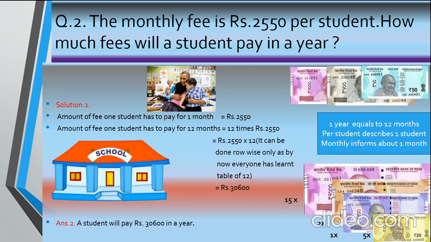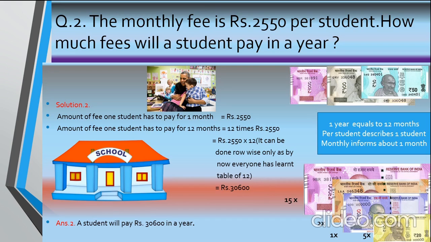But there may be some tricks. So in this question, the monthly fee is rupees 2,550 per student. How much fees will a student pay in a year? So here also there are two sentences. The informative sentence informs you that the monthly fee is rupees 2,550.